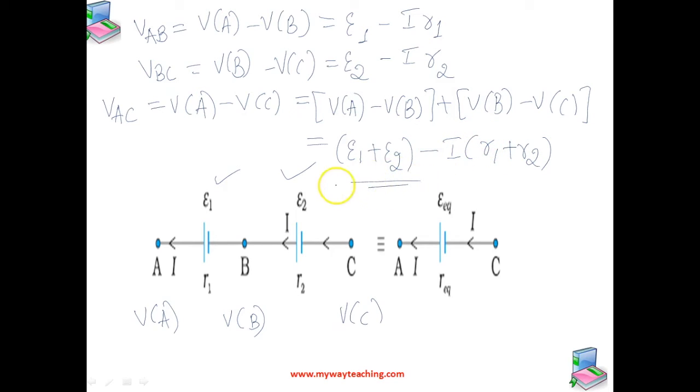This is the potential difference across the combination VAC.